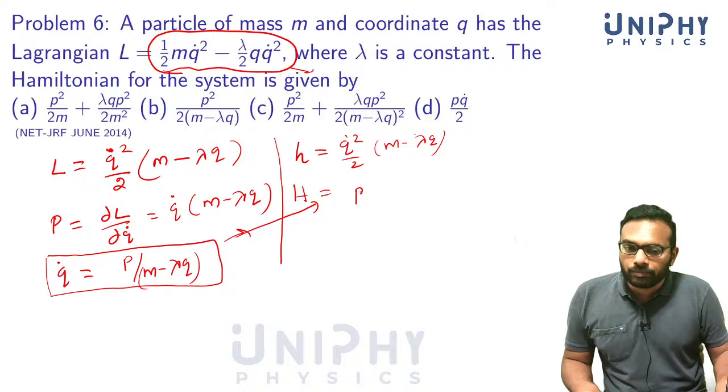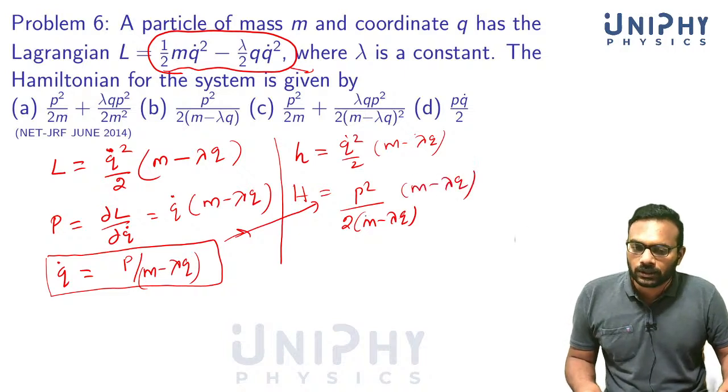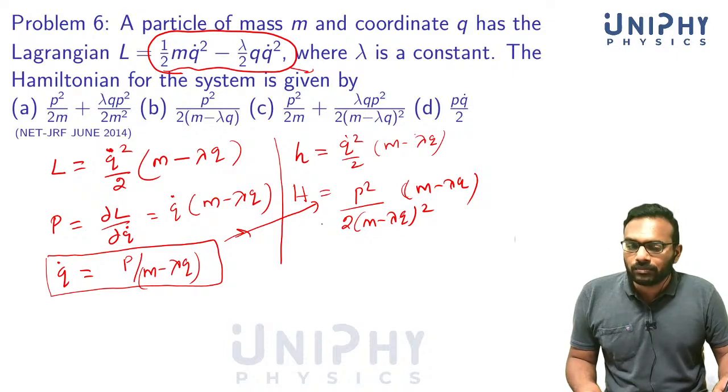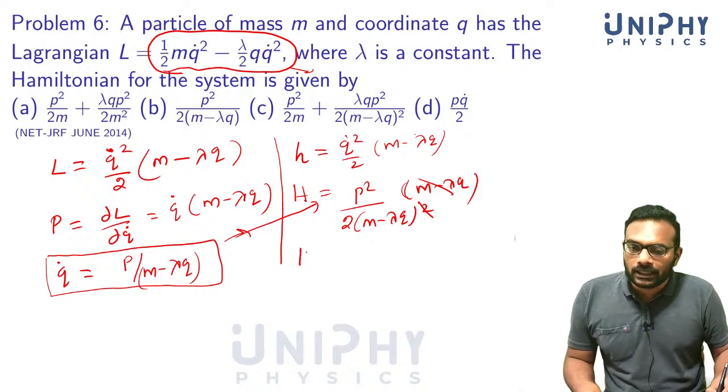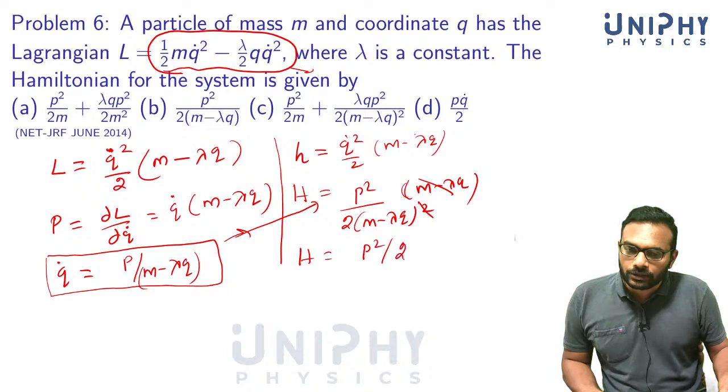That becomes p square divided by 2 m minus lambda q, multiplied by m minus lambda q. I'm sorry, here it's m minus lambda q squared, because we need to find p square. So the final answer is H equal to p square divided by 2 times m minus lambda q.